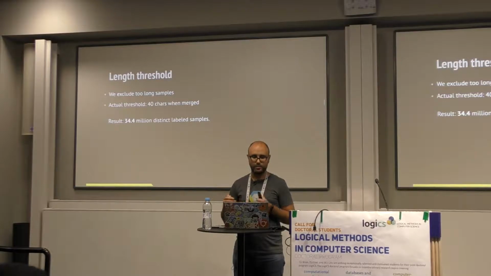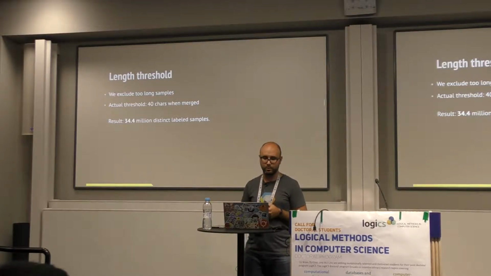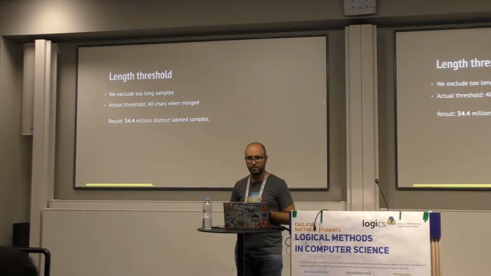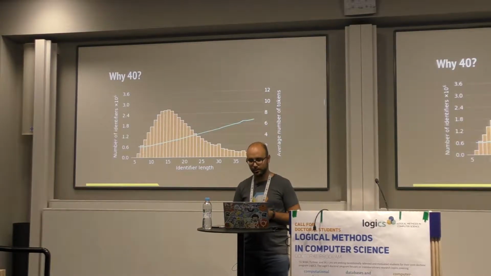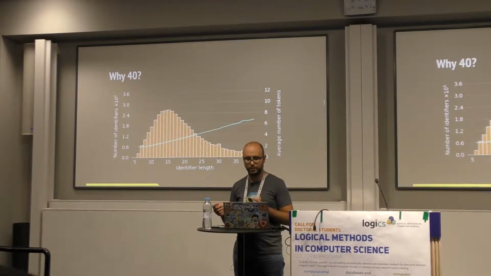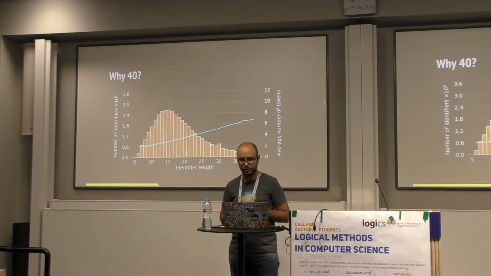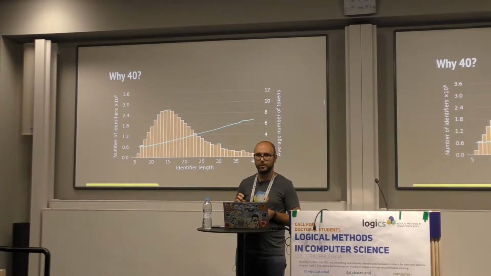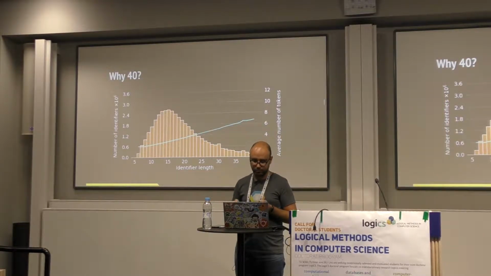Also, the number is not so big. It's only 1 million. We can just sacrifice it for the sake of doing our job very fast. So we apply a 40 characters length limit because, as you see on the histogram, the peak is roughly 15. So most of the identifiers are 15, 16 characters. And this distribution has a long tail. We cut at 40. That's it.